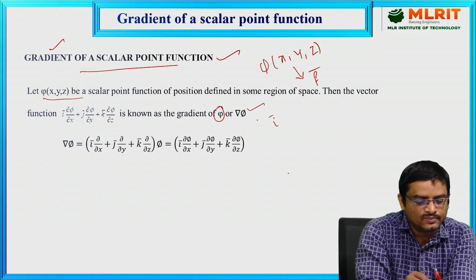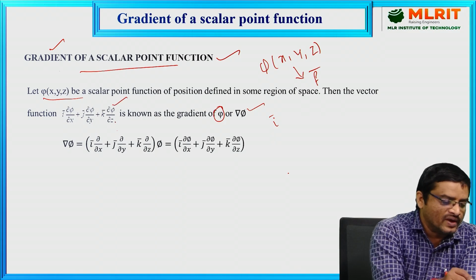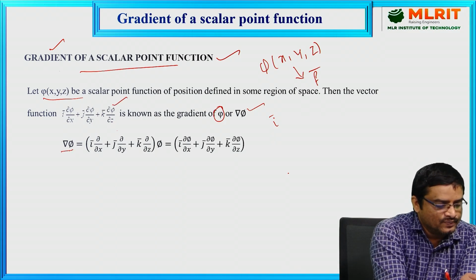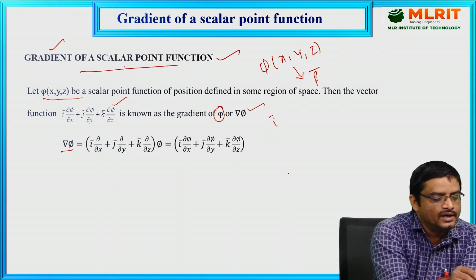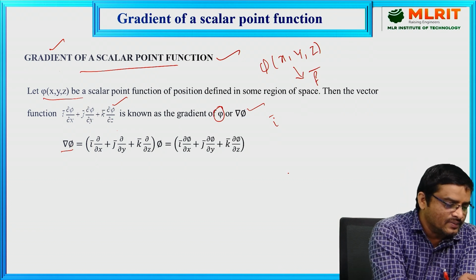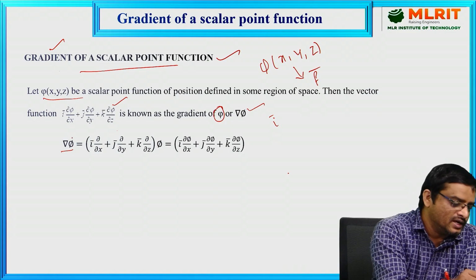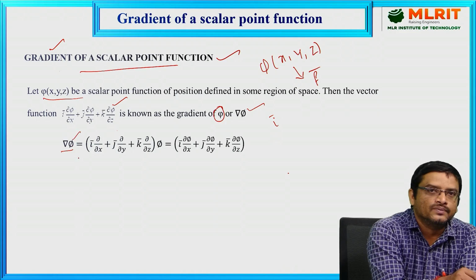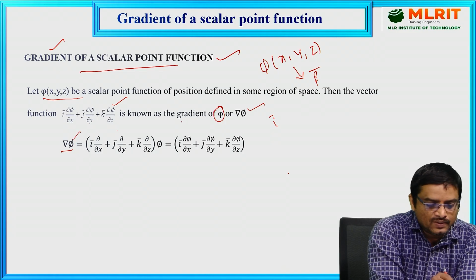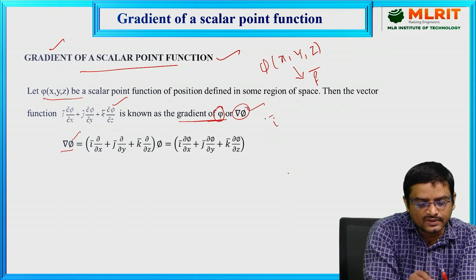It is denoted by del φ. Now we'll see how we got this value. Del φ represents the gradient of that scalar point function. Del is a differential operator and φ is the scalar point function which we have taken. Whenever we want to find the gradient of that scalar point function, it is represented with del φ.